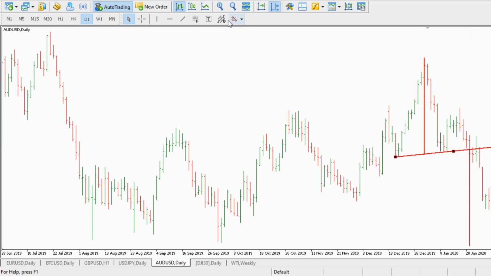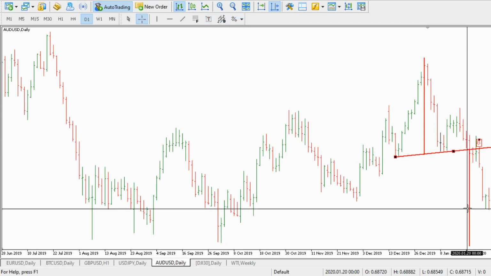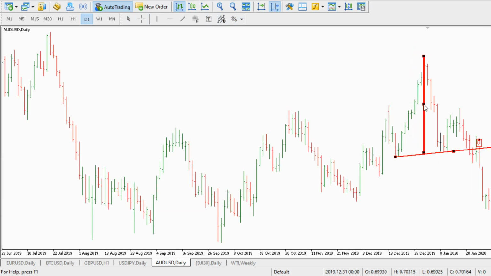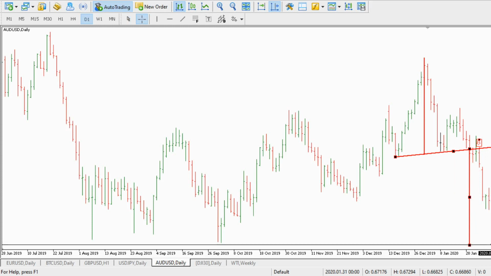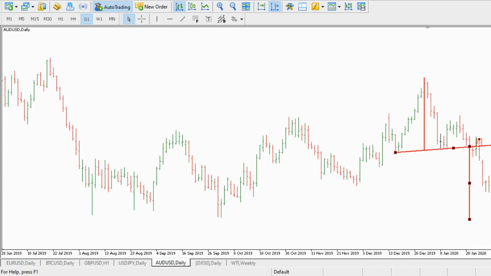Here we have to put our sell position and project this profit zone. As we said, this measure from the top all the way down to the neckline, and then we project it from the point of breaking the neckline, and here is our target zone. In other words, here we can use this zone to take our profit.